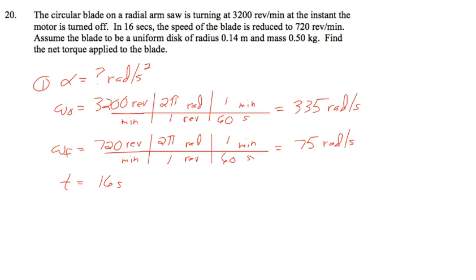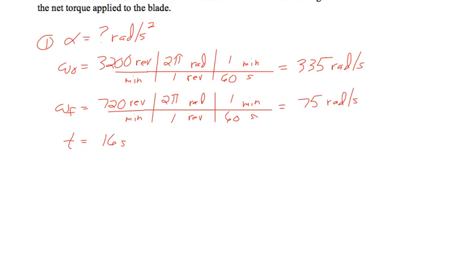So those are your facts. Step number 2 is to pick the correct equation, which is omega final equals omega original plus alpha t. Step 3 is to solve for alpha. So alpha is going to be omega final minus omega original divided by the time.